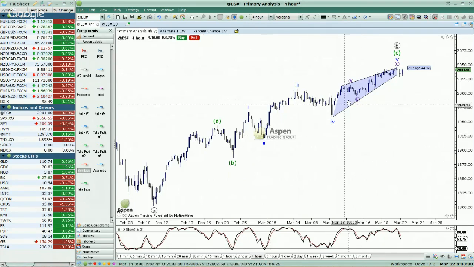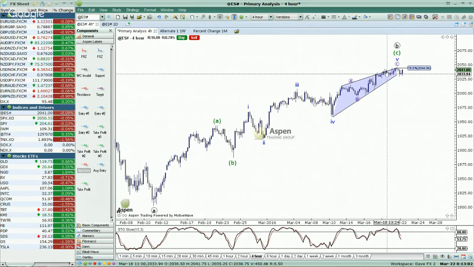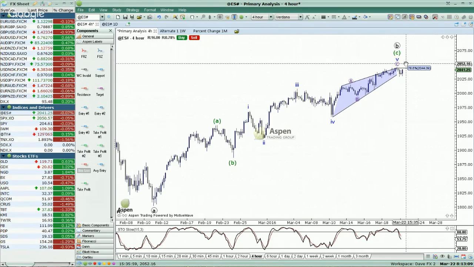This has been a long and extended move already, 12% in just over a month. It's a pretty powerful move. It's not to say that it can't go higher, but for me as a trader looking at reward to risk, I feel like I'm picking up nickels in front of a steamroller here.